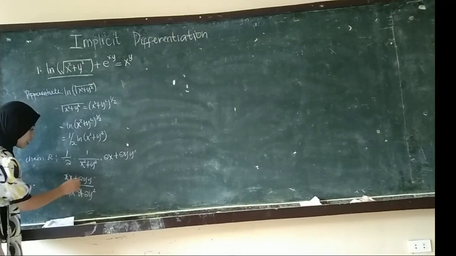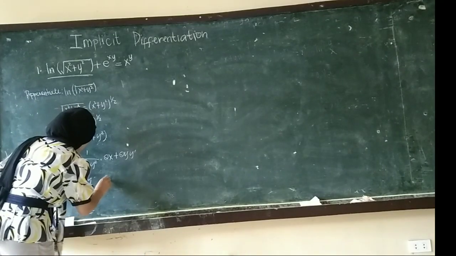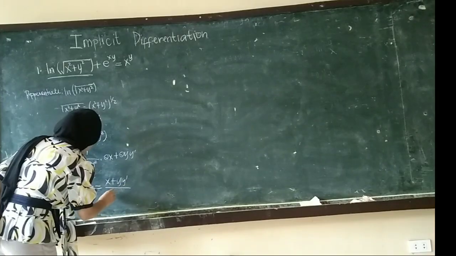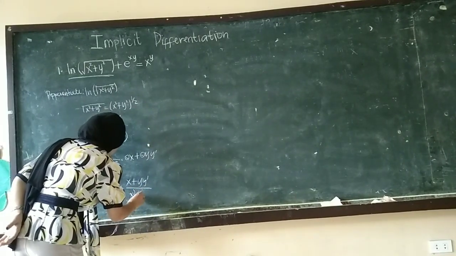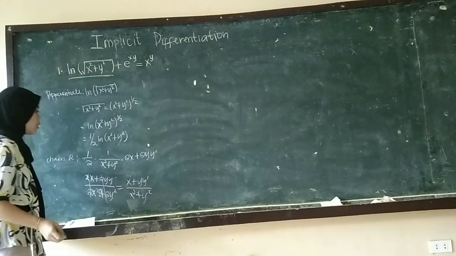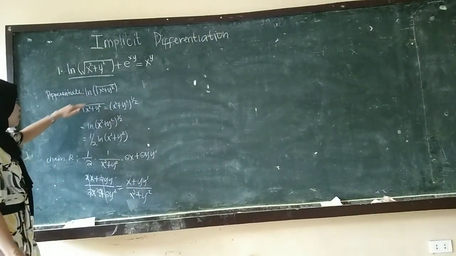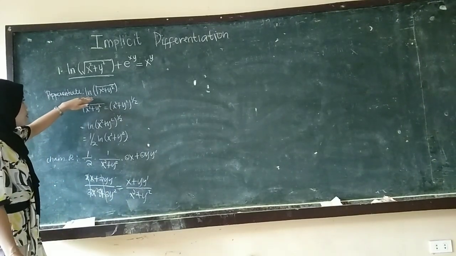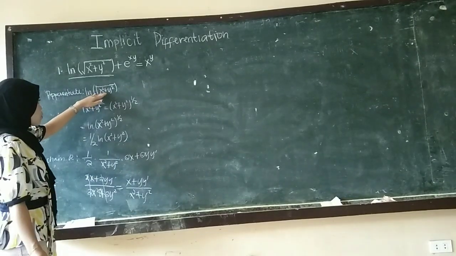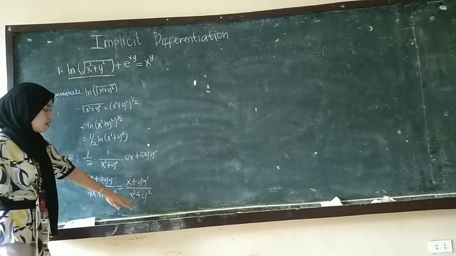And let's cancel it out, it will be x plus y y prime over x squared plus y squared. So the differentiation of the logarithm of the square root of x squared plus y squared is this one.